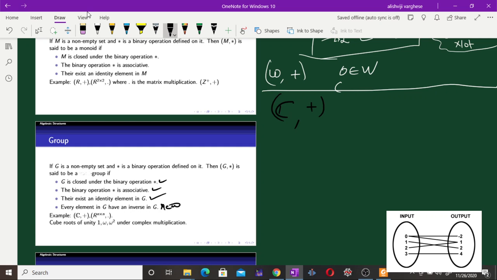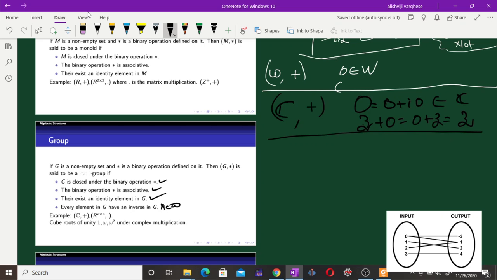Then under addition, 0 plus i into 0 is a complex number, usually denoted by 0, and for any complex number z, z plus 0 is equal to 0 plus z is equal to z. So there exists an identity element. By the things which we mentioned so far, we can claim that C plus is a monoid.